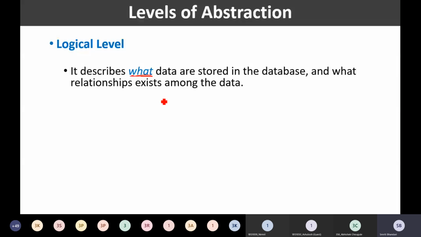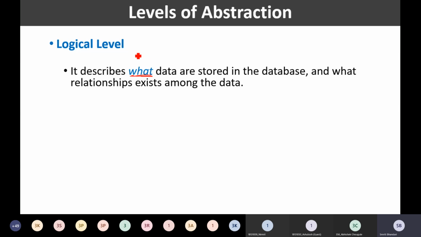So the application programmers and once again the database administrators are actually dealing with this logical level of data abstraction. So this level actually describes what data are to be stored in the database and what are the possible relationships among the data.